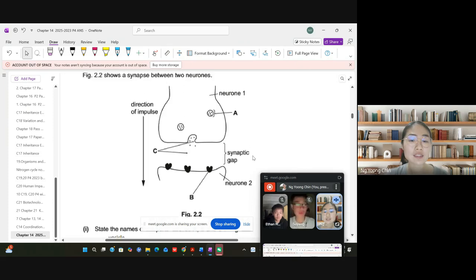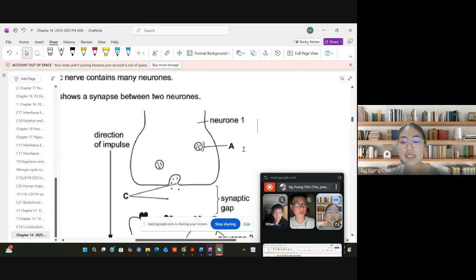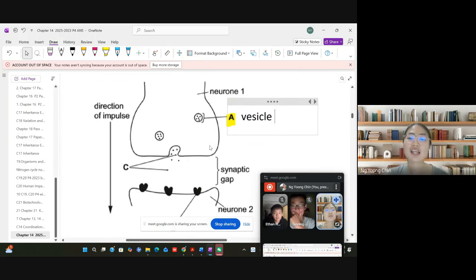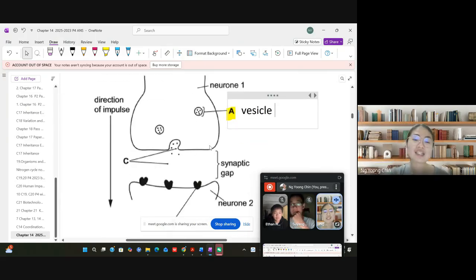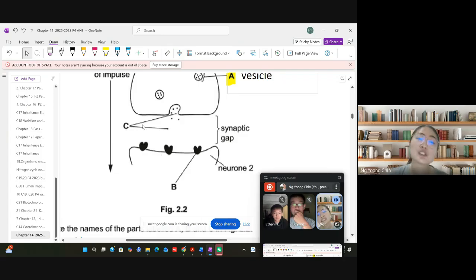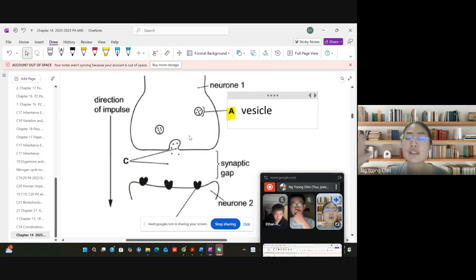And then what is A? Tell me, what's the A? The name of A is the vesicle, which contains the neurotransmitter. A vesicle is just like a sac. And then how about C? C is the neurotransmitter. Remember, a neurotransmitter is a kind of protein.